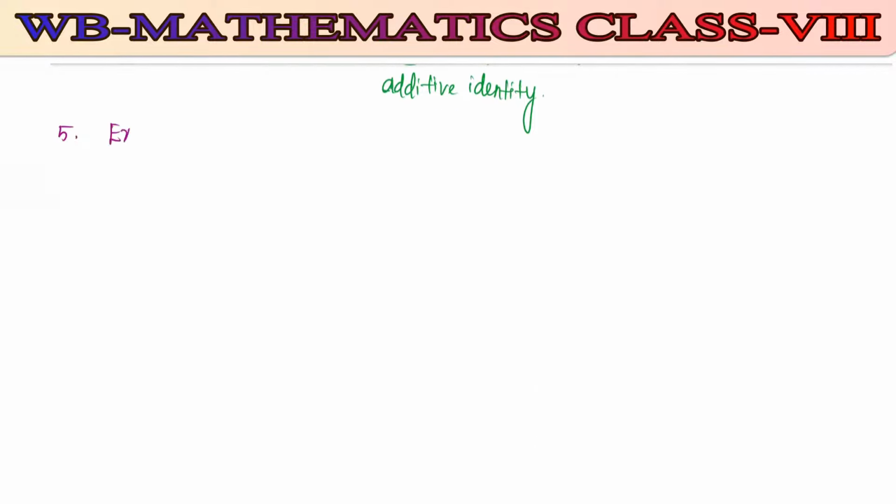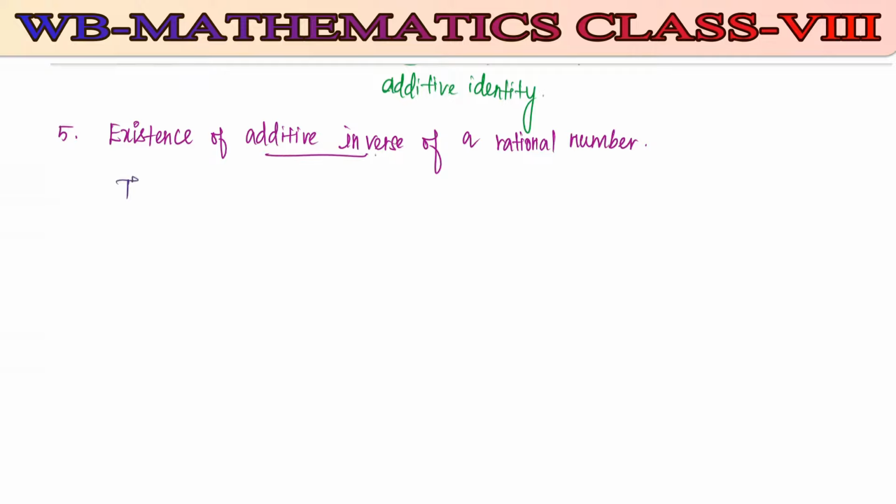The fifth one, existence of additive inverse of a rational number. Additive inverse of a rational number is nothing but the negative of a rational number.